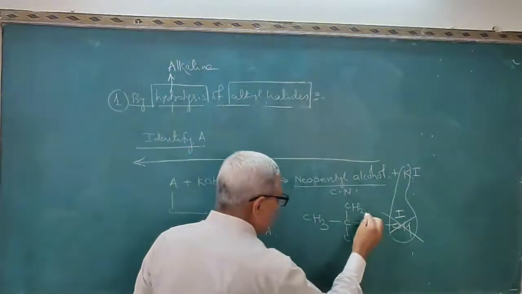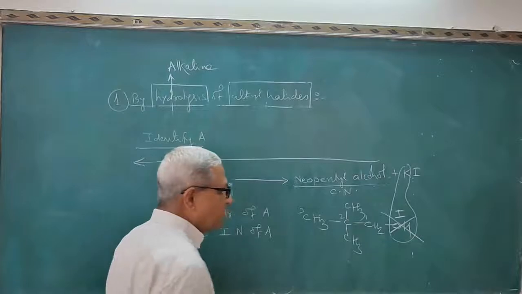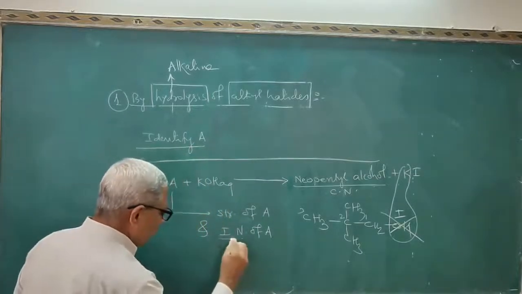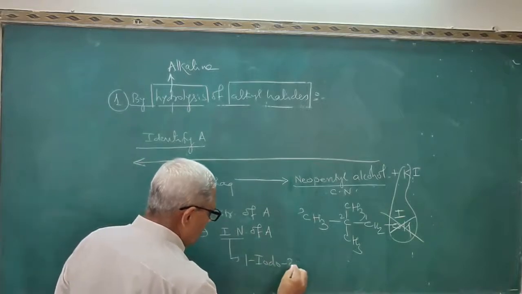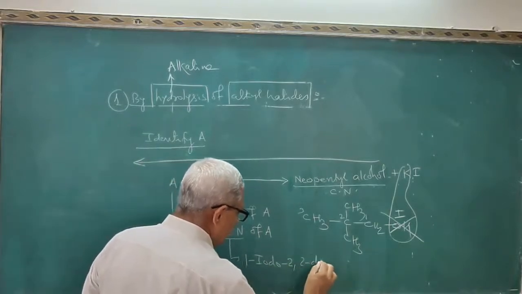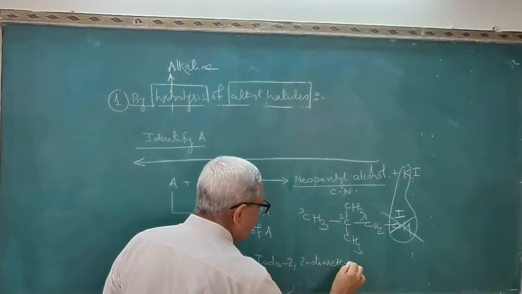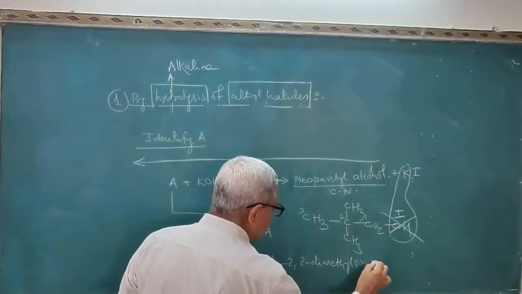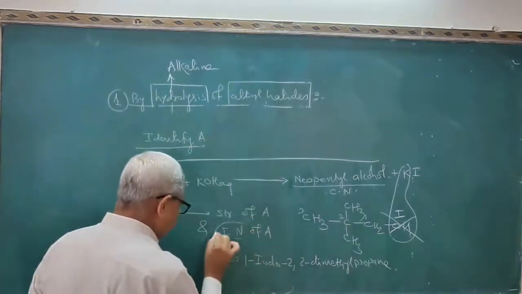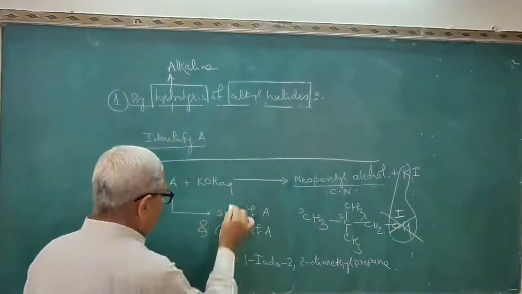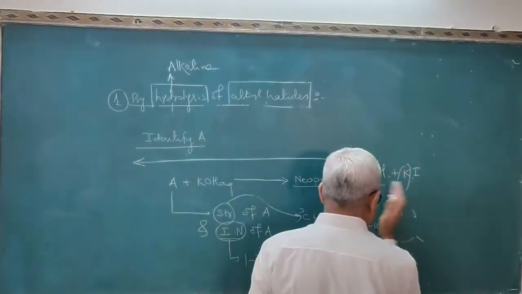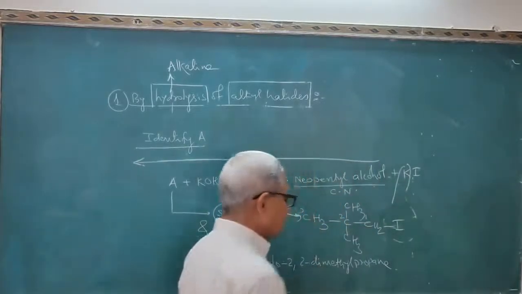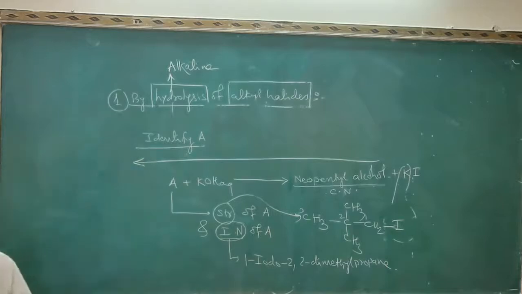So you have to give number 1 here, number 2 here, number 3 here. Therefore, the IUPAC name will become 1-iodo-2,2-dimethylpropane, because 3 carbons are in the main chain, and this is the structure of that compound. So sometimes the question will be set in the reverse direction.